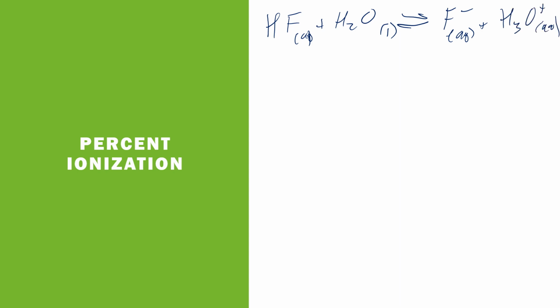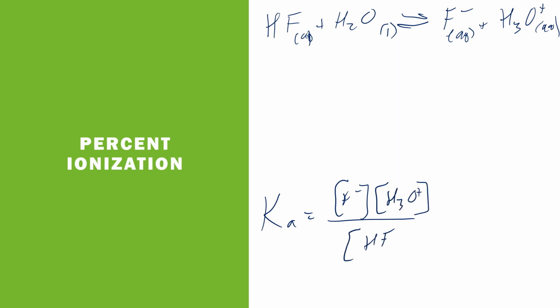Okay, so if you were to write your Ka expression for that weak acid, you would get F minus times H3O plus, over the original concentration of HF, and we don't include the water, right? Now let's think about what happens when you put HF in water.